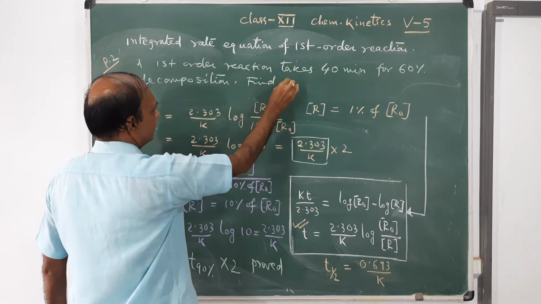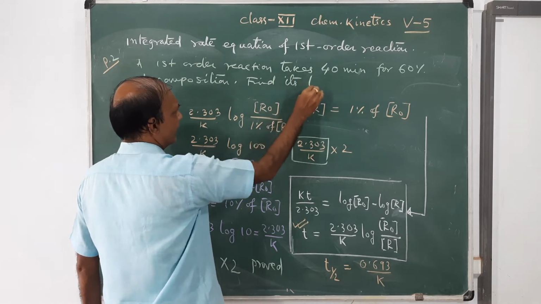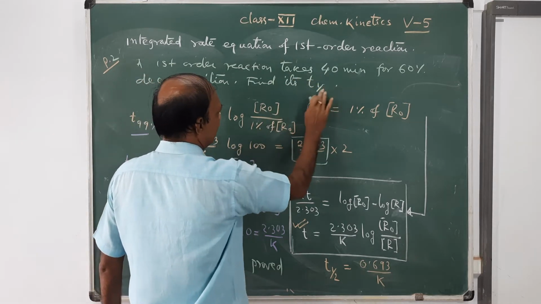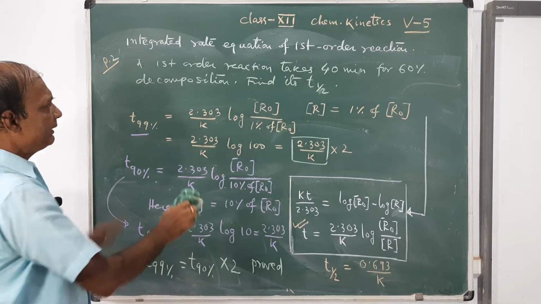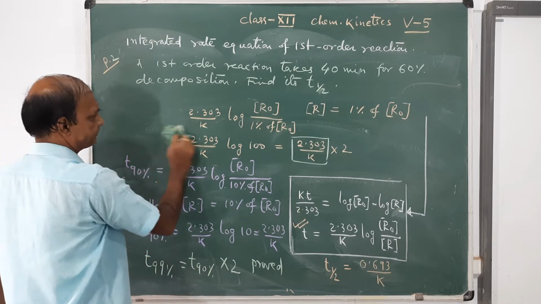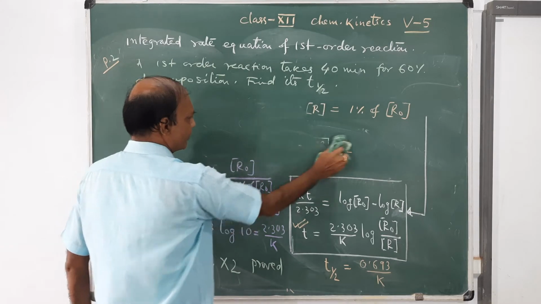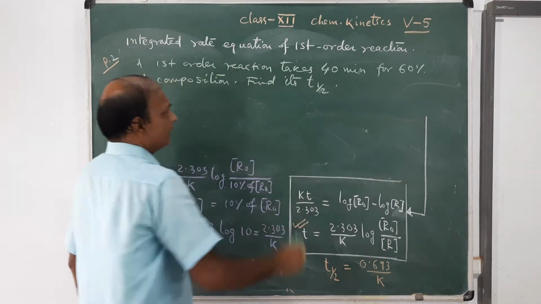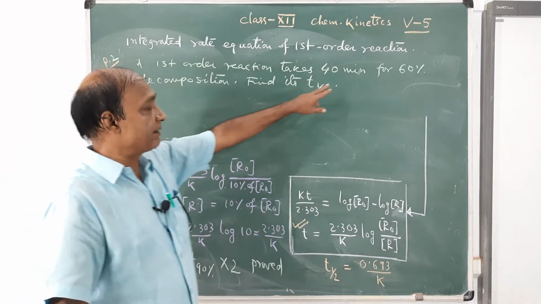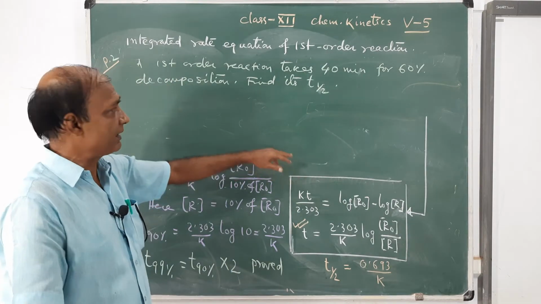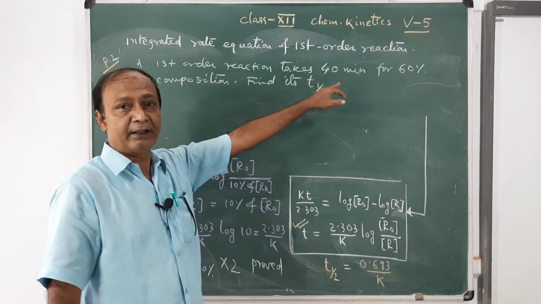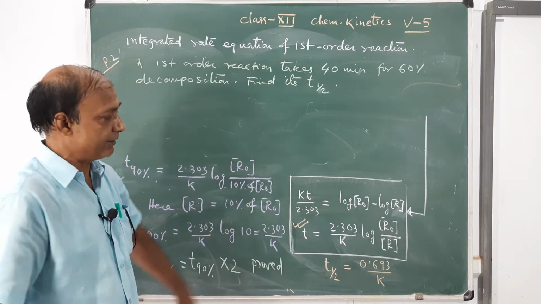Find its t-half. You have to find its t-half. Now see, look at the question. The question is clear: in order to complete 60% reaction, the time taken by the first order reaction is 40 minutes.